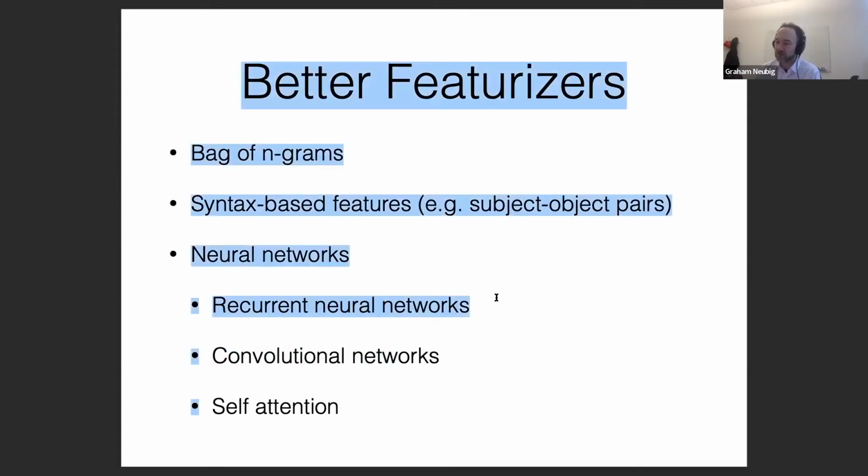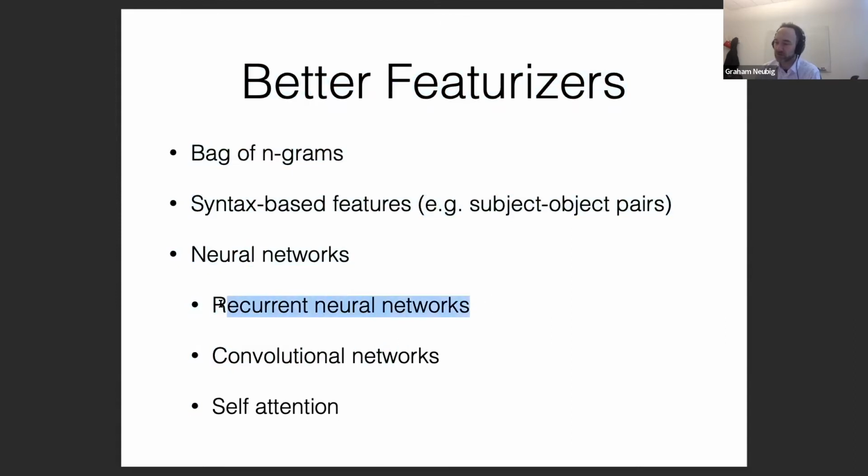Now it's much more common to use neural networks, and they also have some really nice properties like allowing transfer across languages, which is a very big part of this class. So we're going to mainly be focusing on these models in this class.